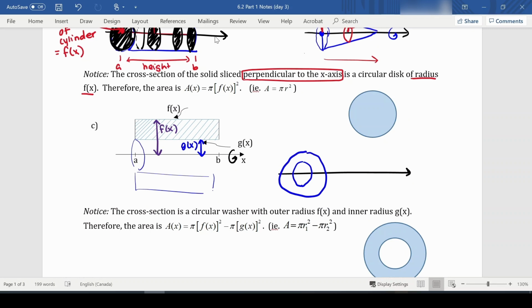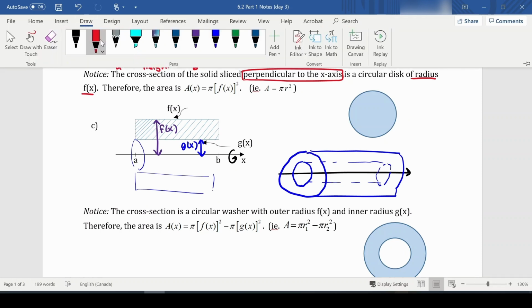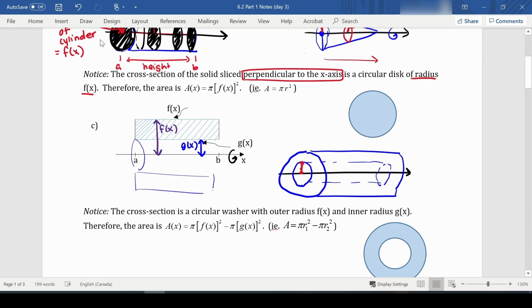If I drew a better circle, that probably would have been nicer. And this thing extends down from A to B, and inside you still have that inner tube. So it's essentially a cylinder with a hole through the middle. And in this case, you'll have your inner radius being g of x and your outer radius being f of x.